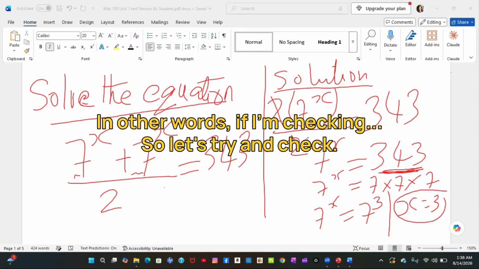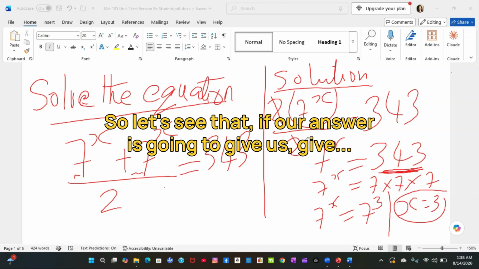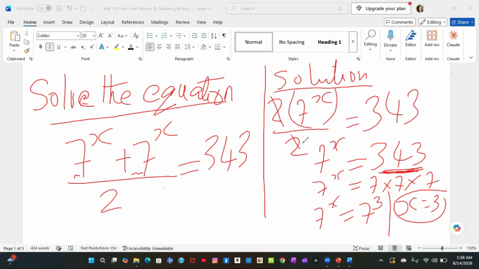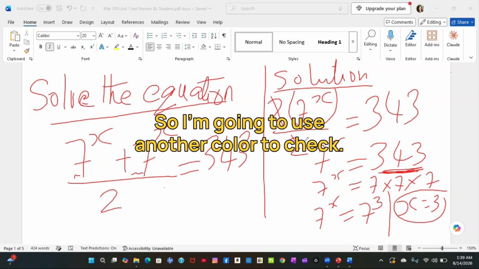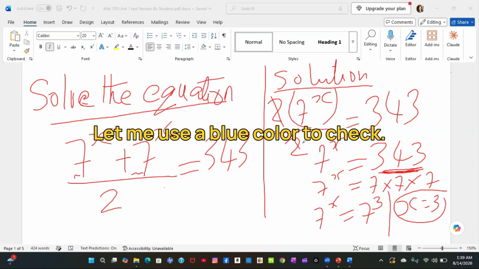Let's try and check our answer in the original equation. I'm going to use another color to check, a blue color.